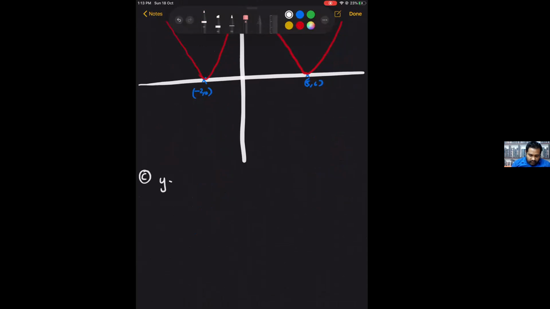So we need to draw the graph for y is equal to f of modulus of x. So how to approach this graph?